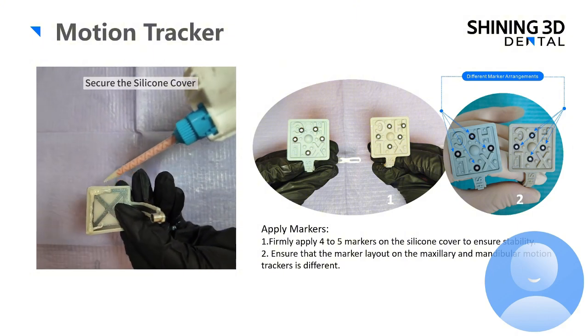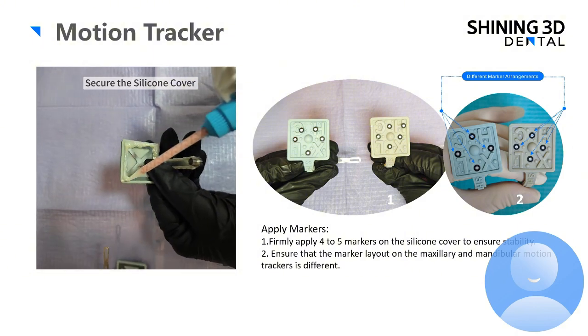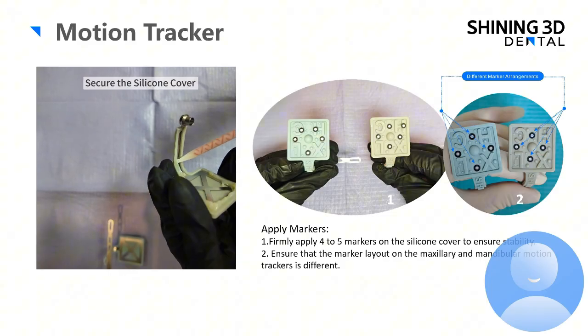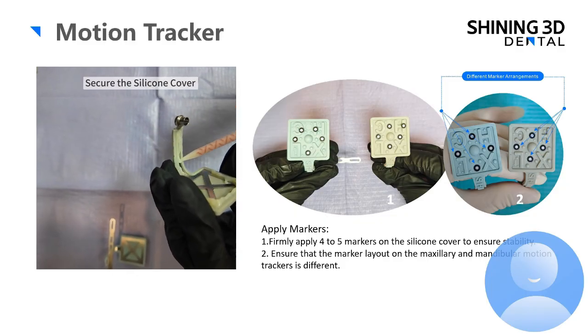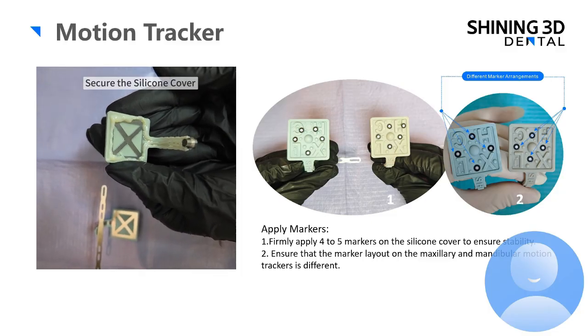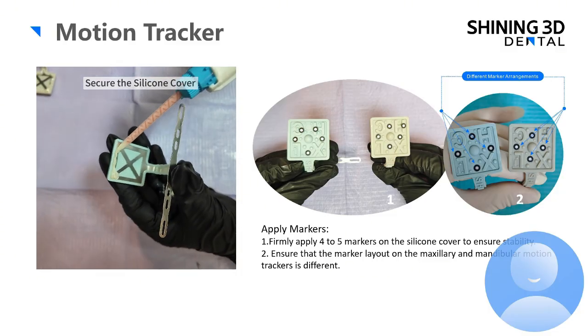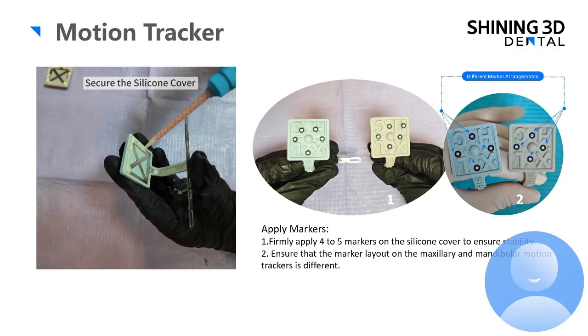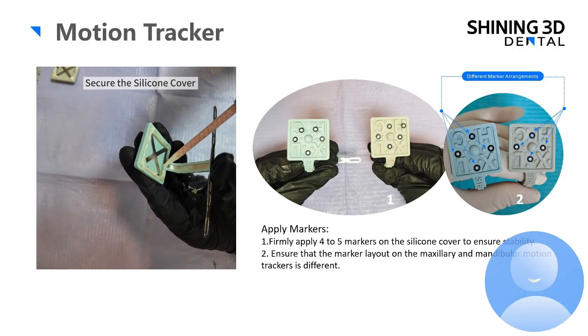As you can tell, for this case, we put 5 on both jaws. We choose 2 different layouts for the upper and the lower jaw in order to let the software recognize which one is upper and which one is lower, because the marker layout is different.